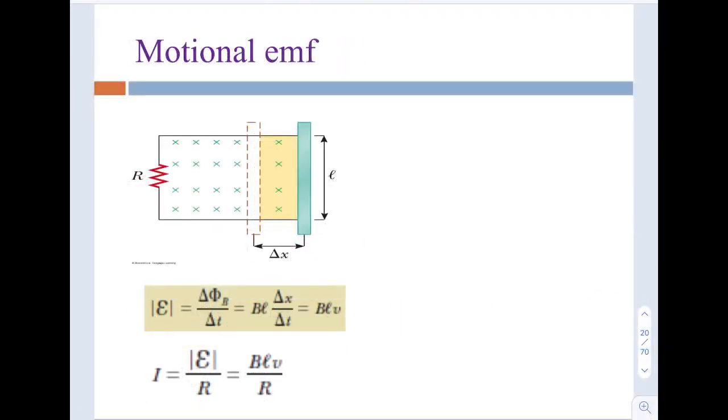Just now, the bar was being pulled to the right by F applied. So the area is going to be increased by this portion, due to the displacement to the right by delta X of the bar. At any instant, the bar that is immersed within the field is L of length.